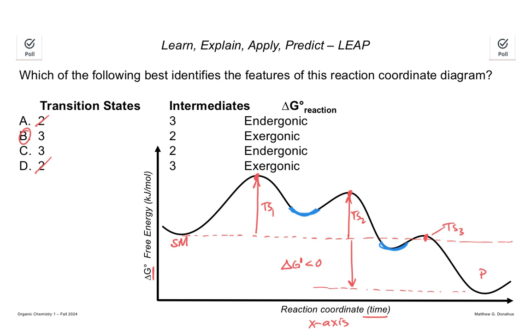So just qualitatively looking at it, the energy barrier to transition state 1 is the highest, so that's the rate limiting step. And again, that deals with the kinetics.